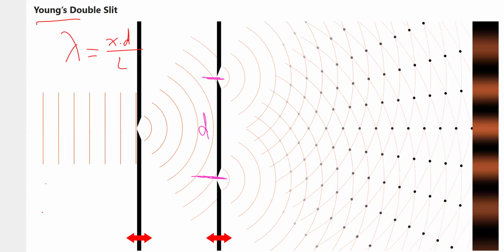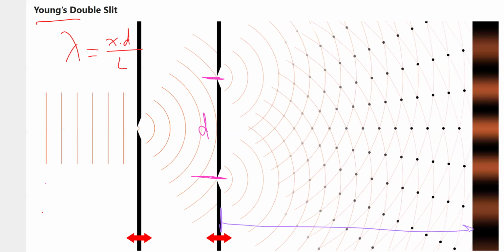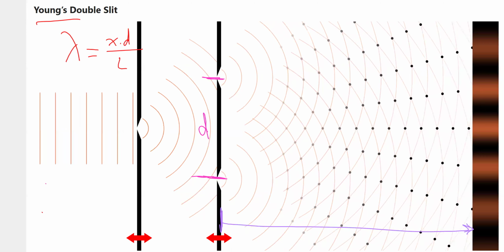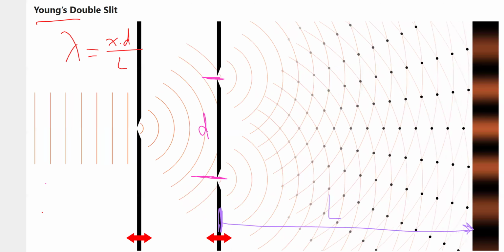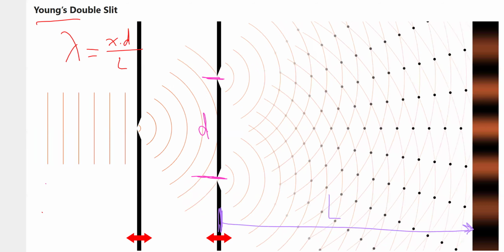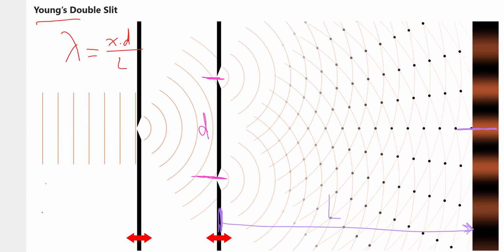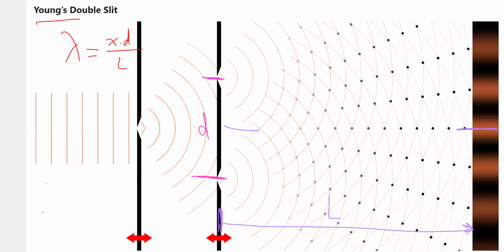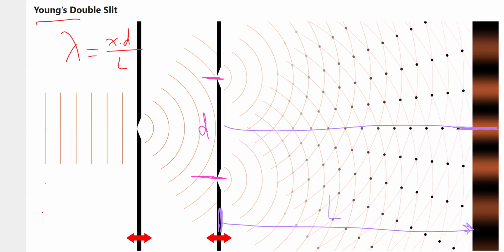And the distance between the two-slit barrier and the screen is called L. And this one we call the primary or main or central band. This one we call the central bright band.